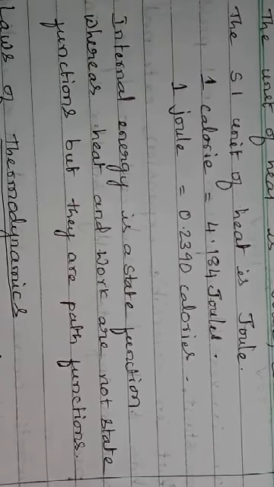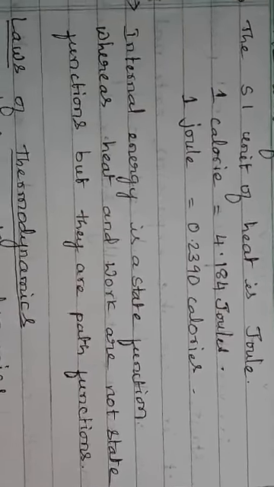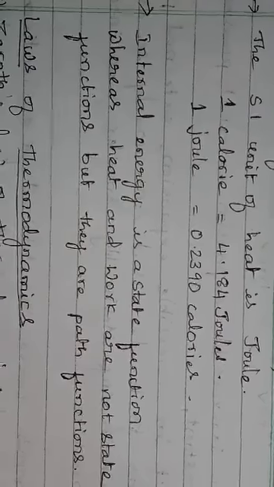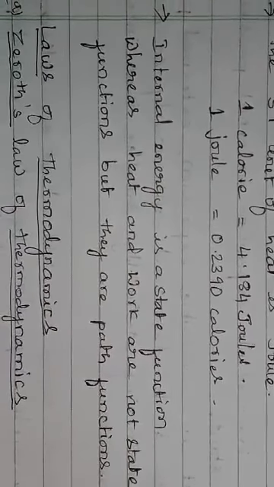You already know that internal energy is a state function. It means it depends upon the initial state and final state values, and it is independent of the path. But heat and work are not state functions, they are path functions.